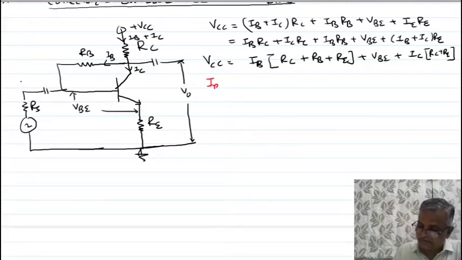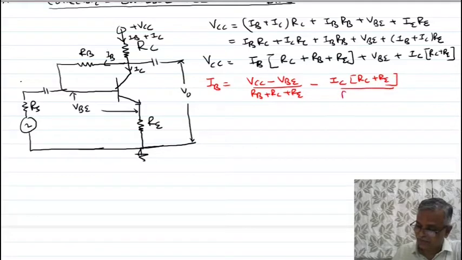Base current I can write as (VCC minus VB) upon (RB plus RC plus RE) minus IC into (RC plus RE) upon (RB plus RC plus RE).